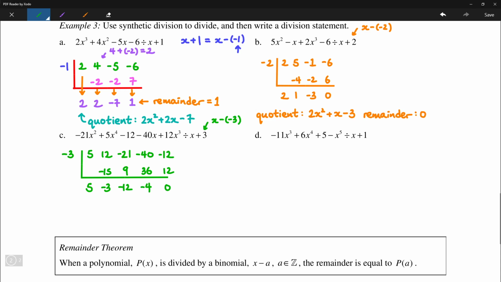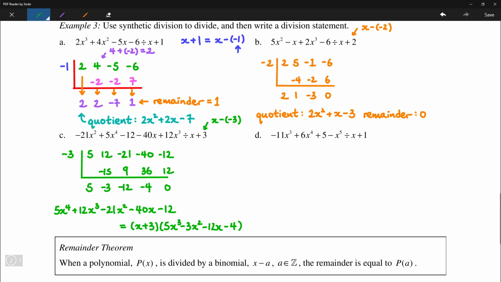But if we were to write this in the form of a division statement, we'll have 5x to the 4th power plus 12x cubed minus 21x squared, and then minus 40x, and then minus 12, and that's going to be equal to x plus 3, the divisor, multiplied by 5x cubed minus 3x squared minus 12x minus 4, which of course is the quotient.